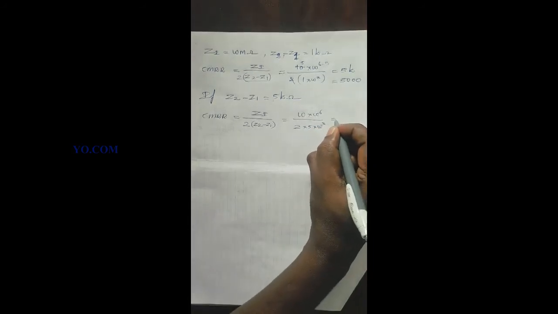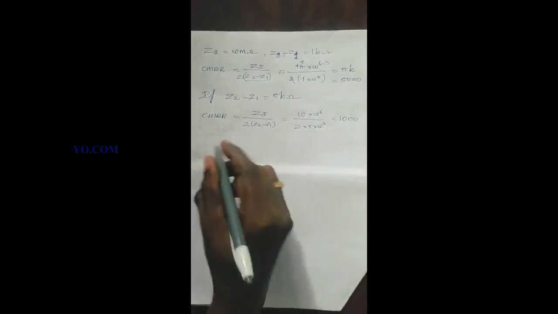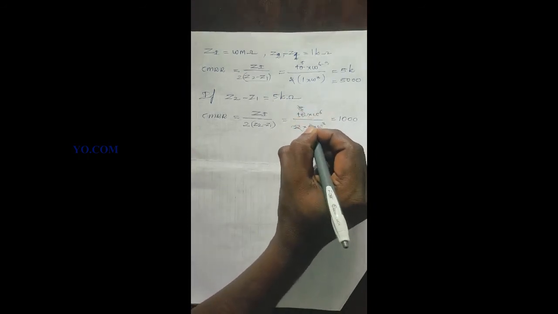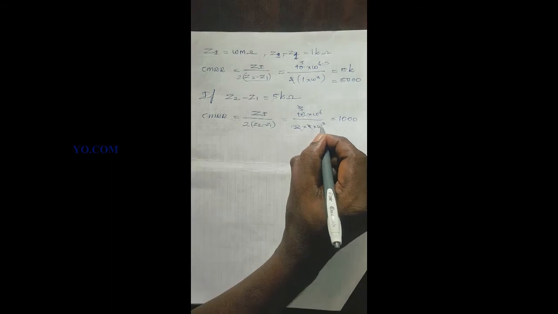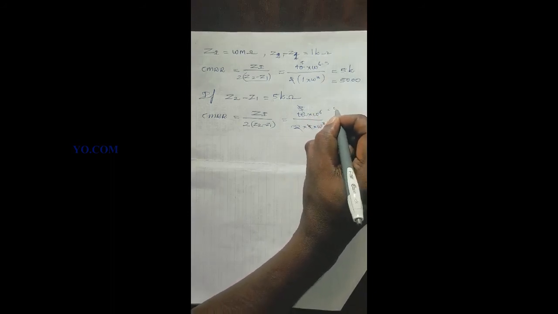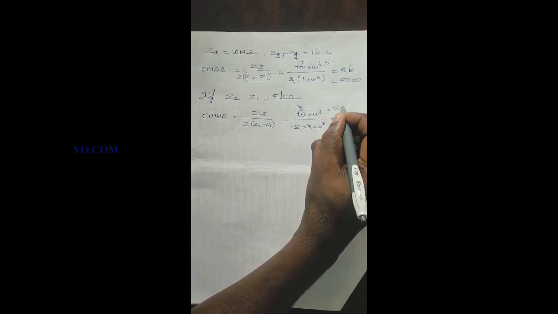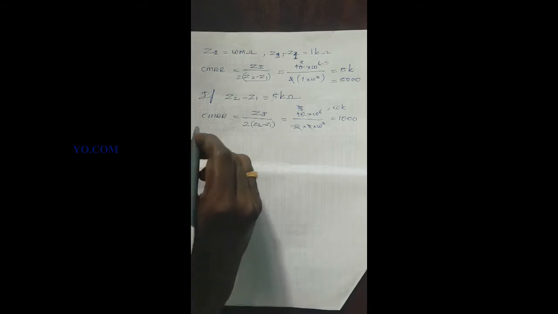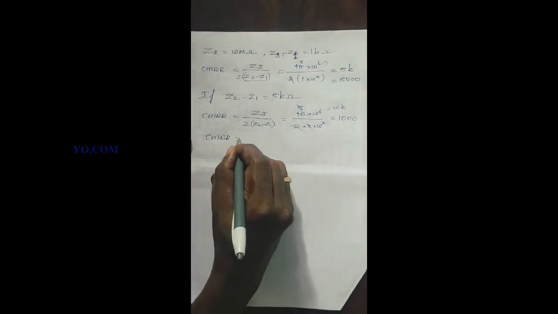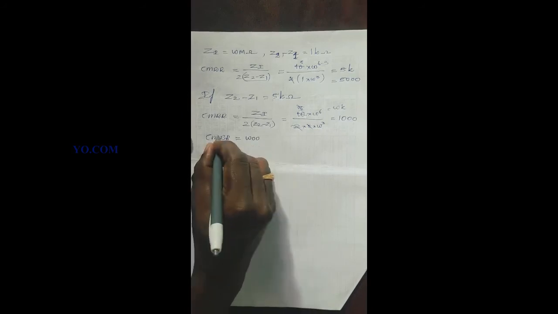The 5s cancel, and 10 power 6 minus 3 gives 1000. So this is the CMRR value: CMRR equals 1000.